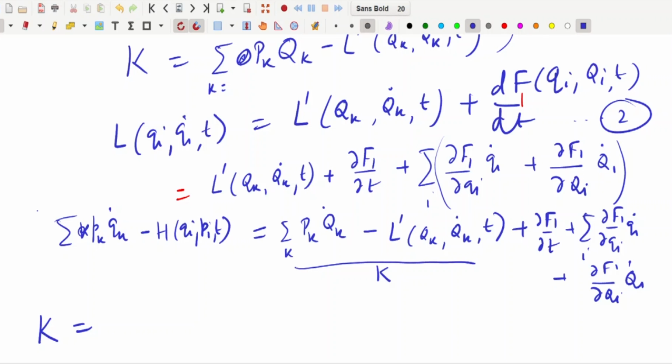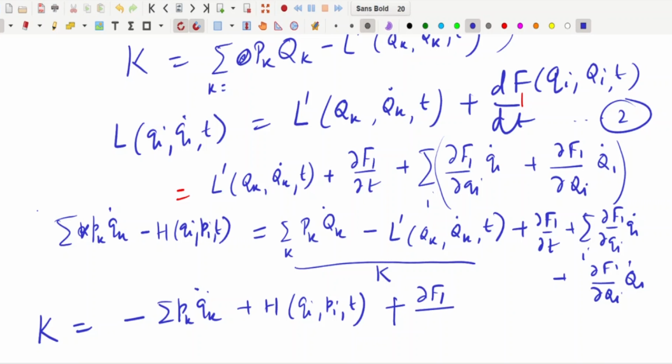So it will be minus P_k q_k dot plus H(q_i, p_i, t) plus del f1 del t.